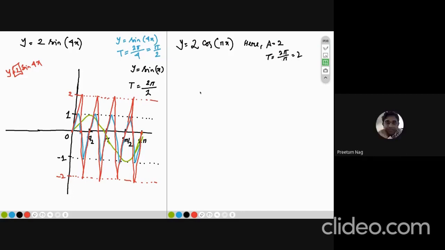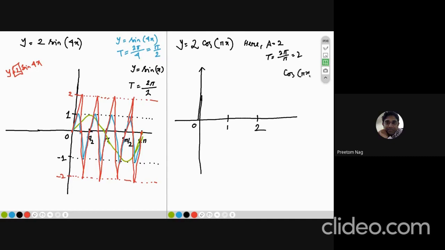So in that case, if you want to draw this graph, zero, this is 1, here is 2. So let us first draw the graph cos pi x.